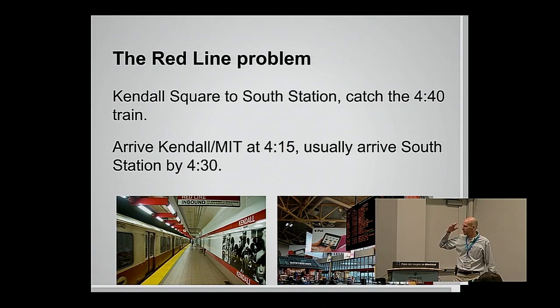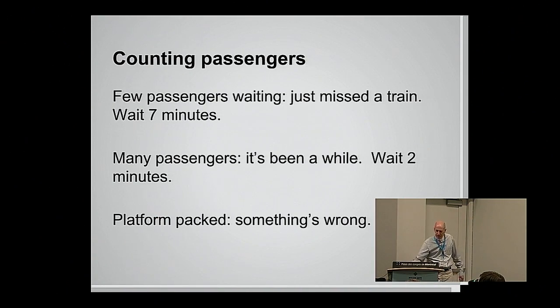And what I found myself thinking about, when I got to the platform, if there were only a few people waiting when I got to the subway platform, then I would think to myself, oh, I must have just missed a train, and so I would expect a long wait. If I got there and there were a medium number of people there, then that's good. That means it's been a while since the last train, and so there should be another one along pretty soon.